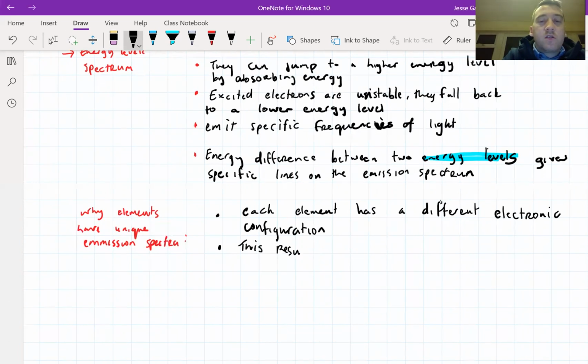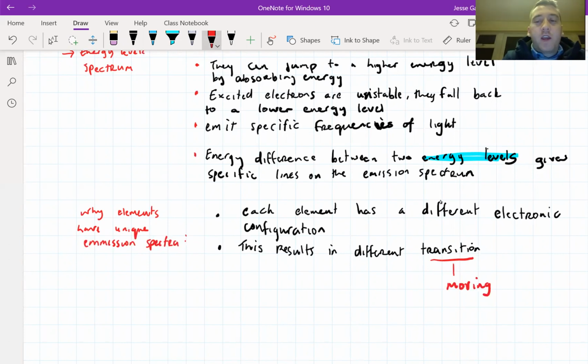This word we looked at before just means electrons moving between energy levels. Different configurations means lots of different transitions happening, and it's the transitions that take in energy and give out energy. That's where you're seeing these colored lines. Because every element has a different number of electrons in different shells, when they're moving up and down with different transitions, you're getting different bands of light.